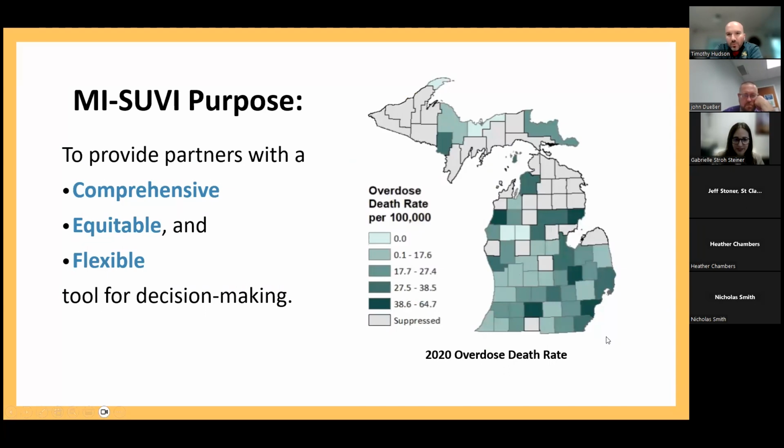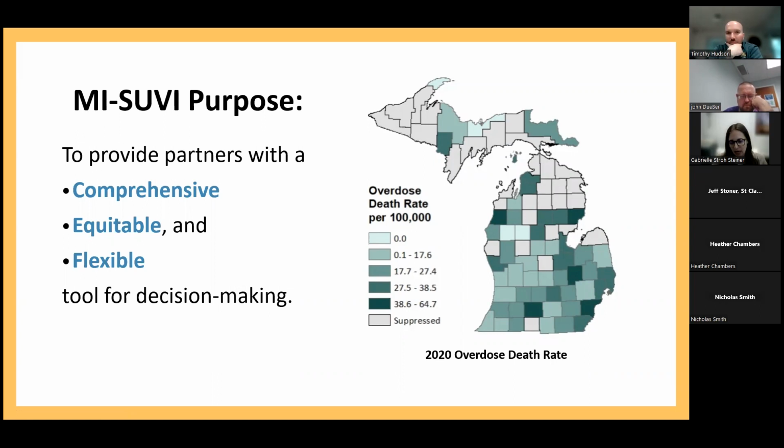I'm guessing you're referring to this first page, a map of the overdose death rate per 100,000 in 2020. Our unit and the department's policy is that when a county or a group has between 1 to 5 health events, in this case overdose deaths, we suppress the count and the rate.